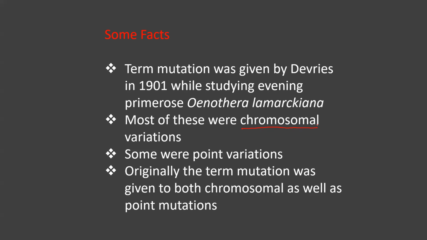And now some mutations were point mutations, which means, of course, they occur at very specific areas of the chromosome, and they don't affect the rest of the chromosome, right? Now, initially, they did not separate chromosomal mutations and point mutations, okay?